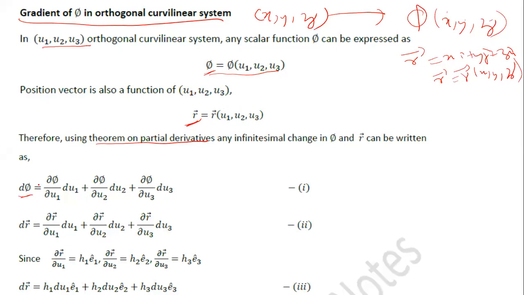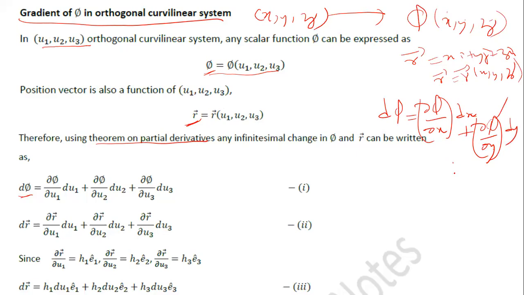Okay, so d phi can be written like I have just shown you in the case of Cartesian system. D phi was written as the rate of change of phi with respect to x multiplied with the change in x. So del phi upon del y measures how quickly phi changes with y, multiplied with dy, and similarly del phi upon del z measures how quickly phi changes with z, multiplied with any infinitesimal change along z.